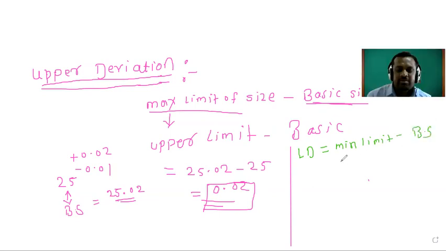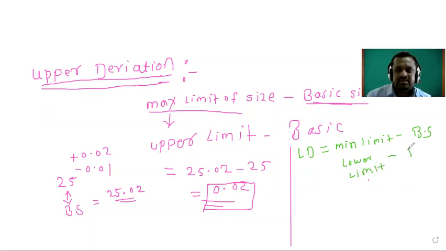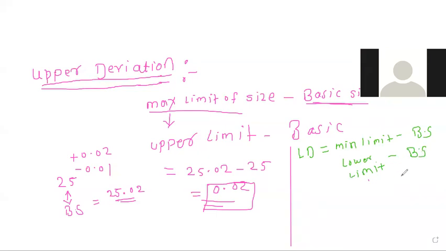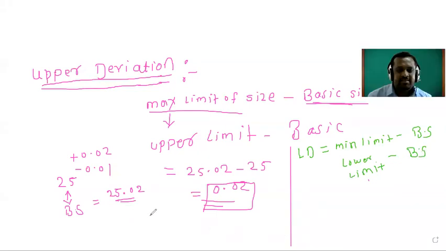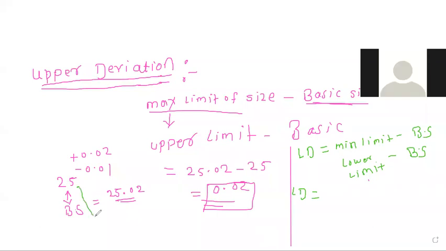The minimum limit of size means the lower limit. Then lower limit minus basic size. Take the same example again. What is the minimum limit? 24.99.